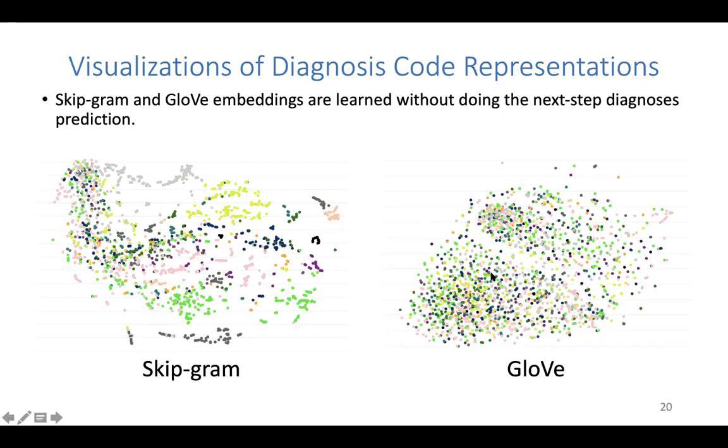Like glove, even if we train glove for quite a long time, all the codes are more or less randomly scattered. But here in skipgram, as I've shown you in the previous concept embedding class, you can see there are some structures, like the gray ones are here, pink ones are here, green ones, light green ones. They seem to have certain structure inside.